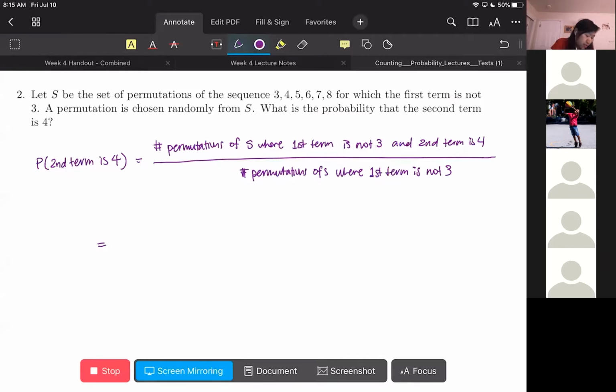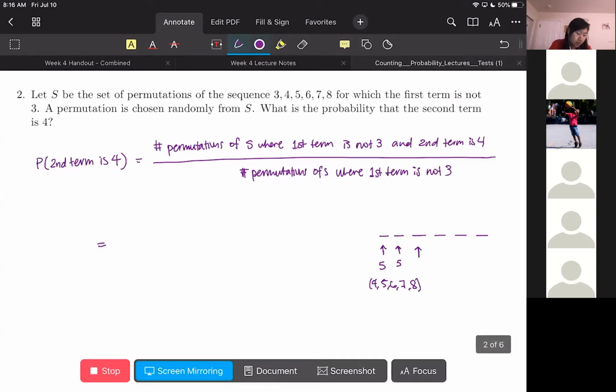So basically we have 6 numbers here that we want to permute. And we have the restriction that the first term cannot be 3. So for the first term, there's 5 choices because it could be 4, 5, 6, 7, or 8. For the second one, we have 5 choices as well because it could be any number that we haven't already chosen, or it could be 3.